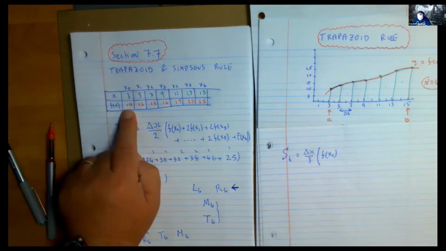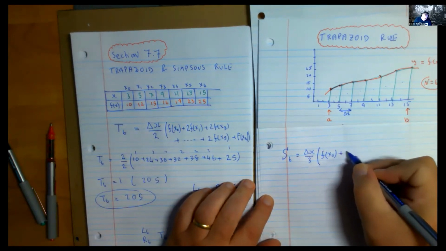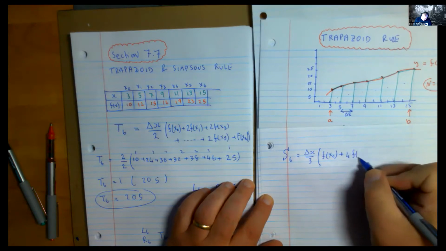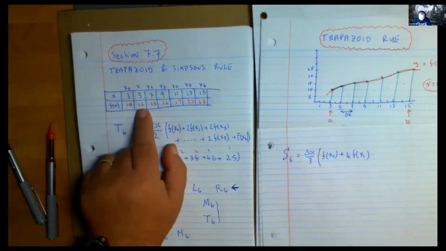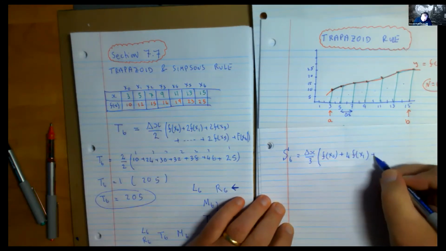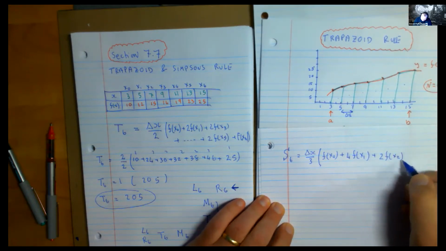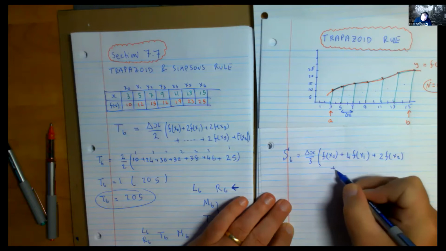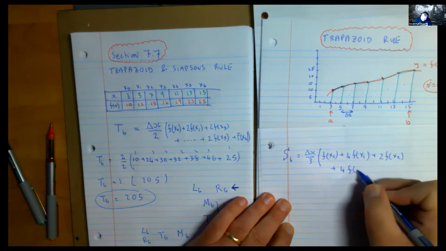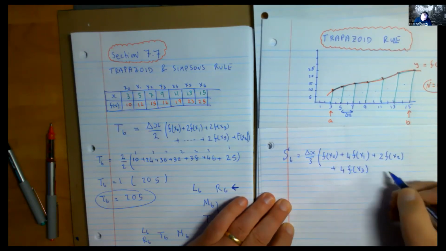You use that guy once. You use that guy 4 times. You use the next one once. You use the next guy 4 times.